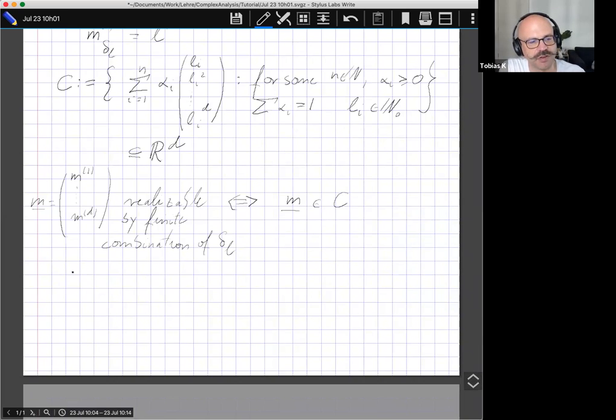Note, we introduced last lecture the notion of convexity, and note that C is a convex set. But why is this true?